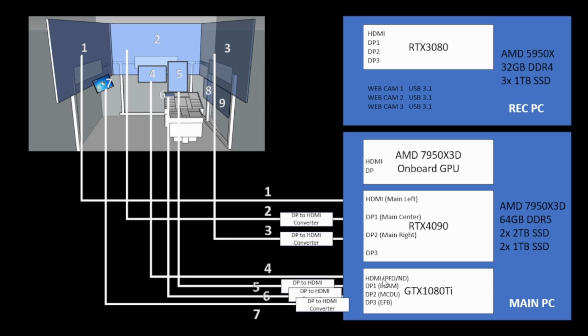So the GTX 1080 Ti actually handles more monitors, but because this is mostly lower resolutions, this one is 1440 by 900, sorry, so it's a 900p display, so HD only, and then full HD, which is 1920 by 1080, and this is also full HD.